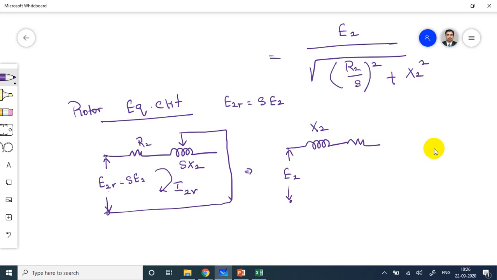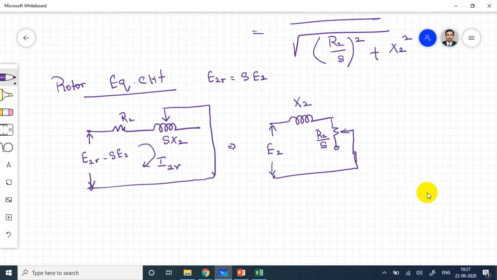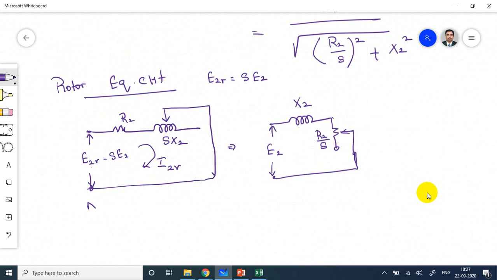Reactance, you will get R2 by S. Now the resistance we are varying it. R2 by S, now this is I2R.